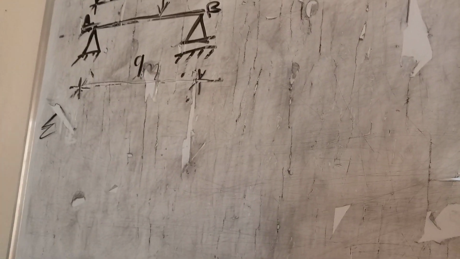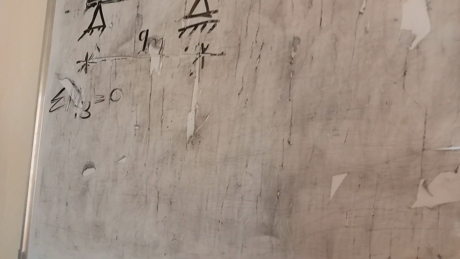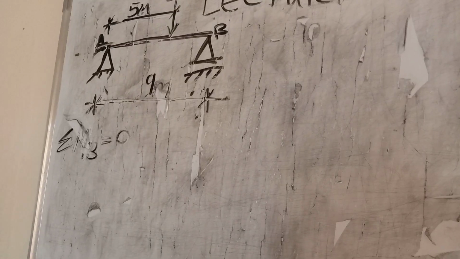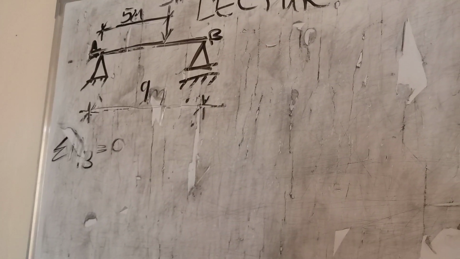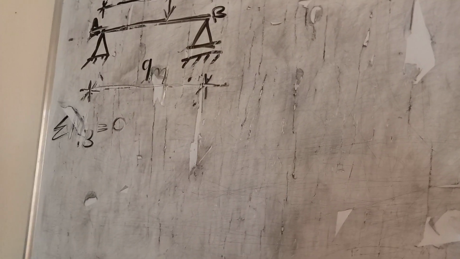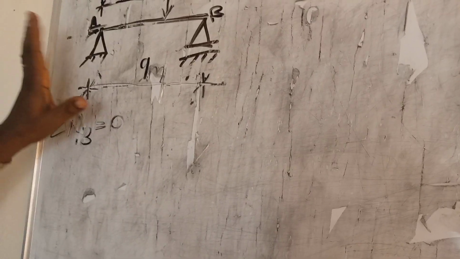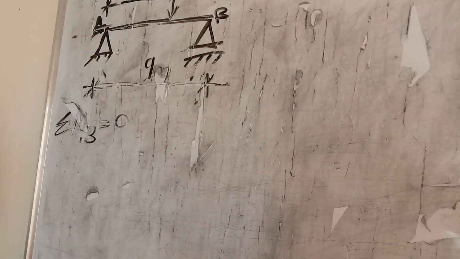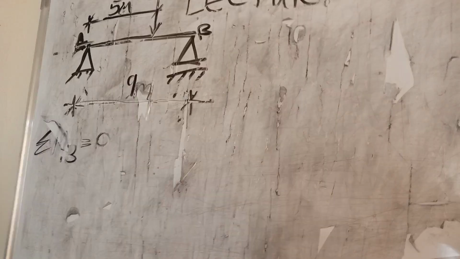Because of the type of support, these two supports, either A or B, do not resist bending moment. So any moment about them should be equal to 0.